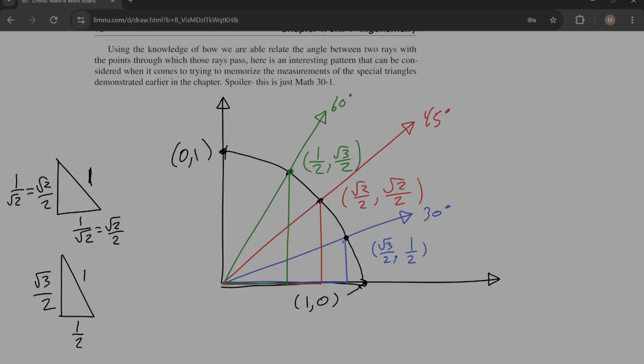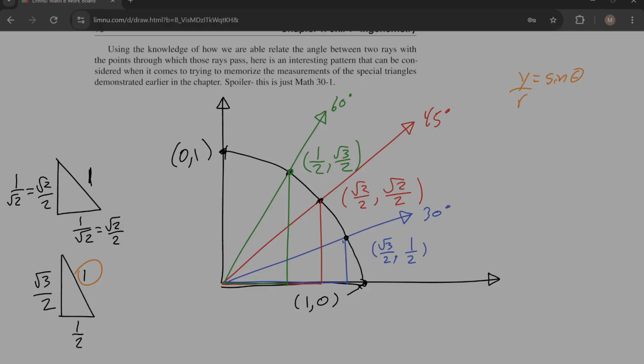And you might say, this is just worse. This is more confusing. I liked when we had triangles and we weren't screwing with them instead of making them a bunch of triangles. But let me try and convince you how this helped me memorize them a lot better. Look at a pattern here. Remember that y is our sine value, right?